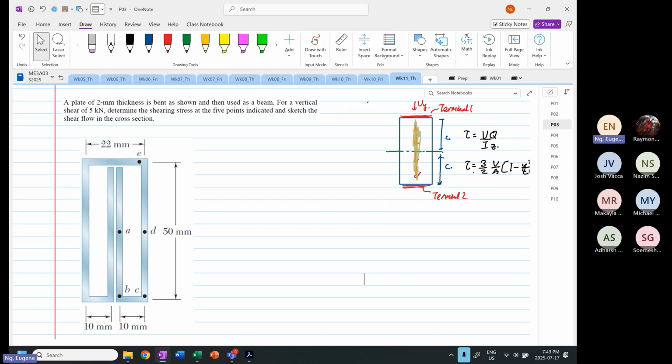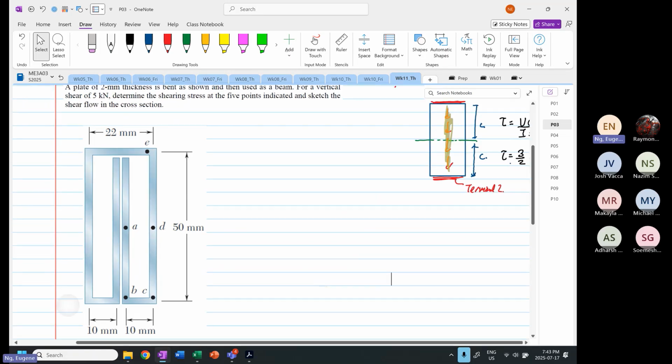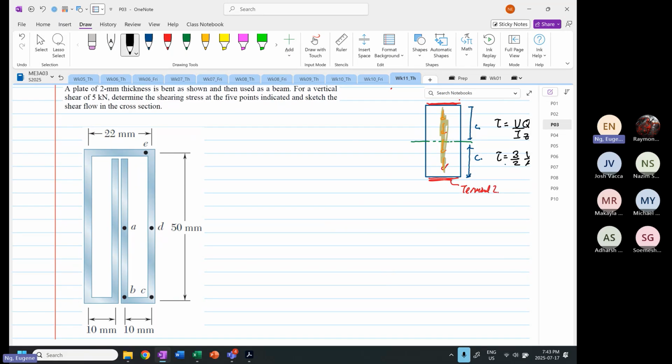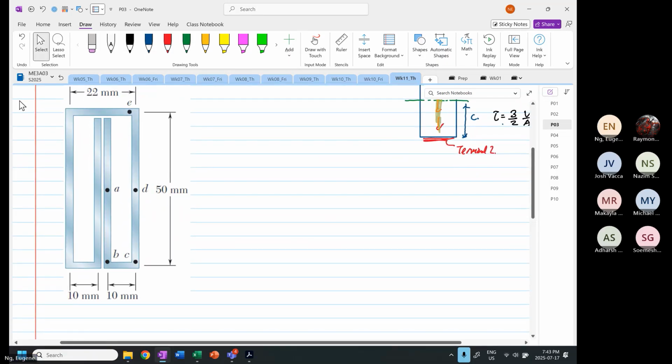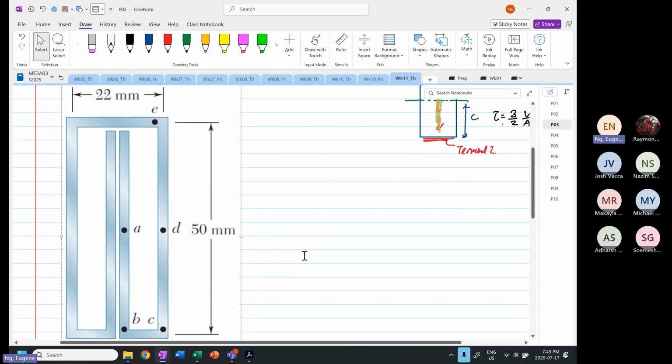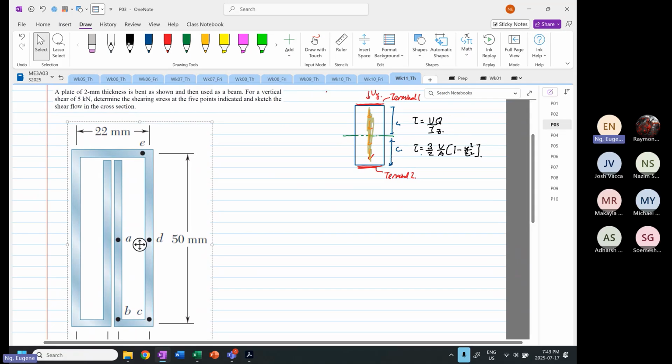So again, I'm not going to waste time looking for the first moment and second moment of area. You know how to do that. So I'm just going to write down our I. I'm going to do our transformation first. Let me expand this.